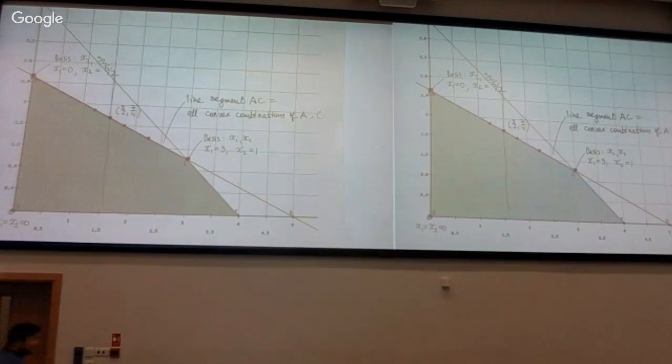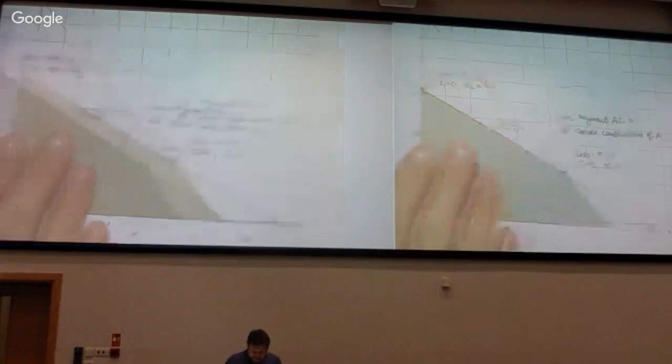Now, one thing that I was asked in the break is what is the difference between the lemma and the corollary.